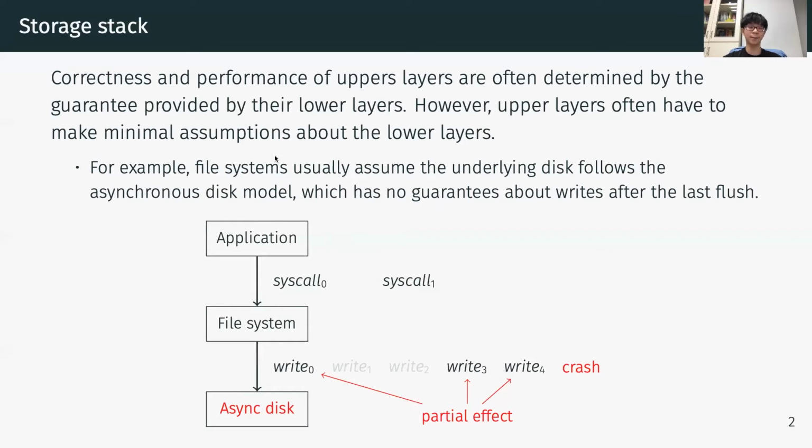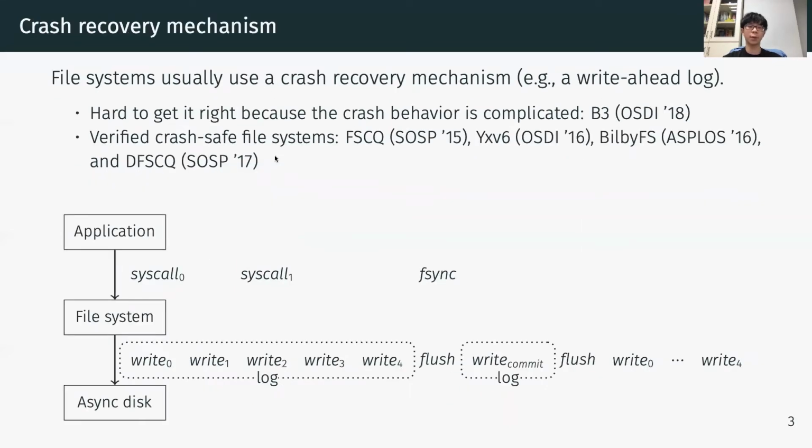To cope with this issue, file systems usually use a crash recovery mechanism, such as a write-ahead log, to protect themselves against crashes. However, it is often hard to get it right because the crash behavior is quite complicated. Recent research has discovered bugs in widely used file systems, such as ext4 and Btrfs, and bugs in file systems are still being reported.